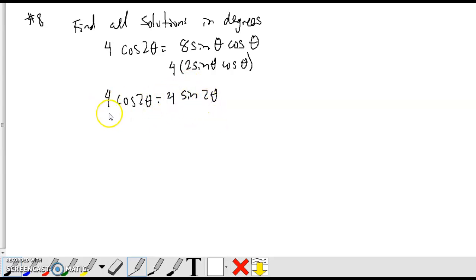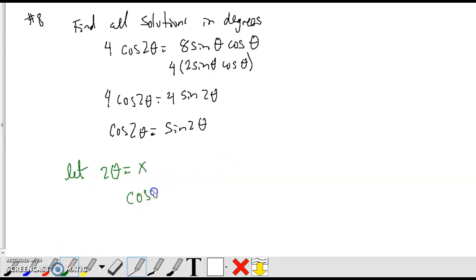They both have 4 on both sides, so I can cross them off. I basically want to know when the cosine and the sine will be the same. I could write a let statement, so let 2 theta equal x. Then I get cosine of x is equal to sine of x.